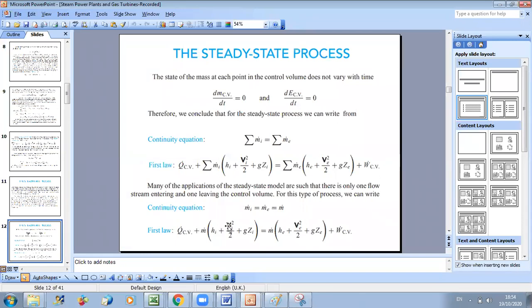By replacing in this case, where we have one inlet and one outlet, the steady state equation is the heat provided to the control volume plus m dot times the energy of the incoming flow, which is enthalpy at the initial state plus v square over 2 plus gz, equals m dot times this term at the outlet plus the work done by the control volume.